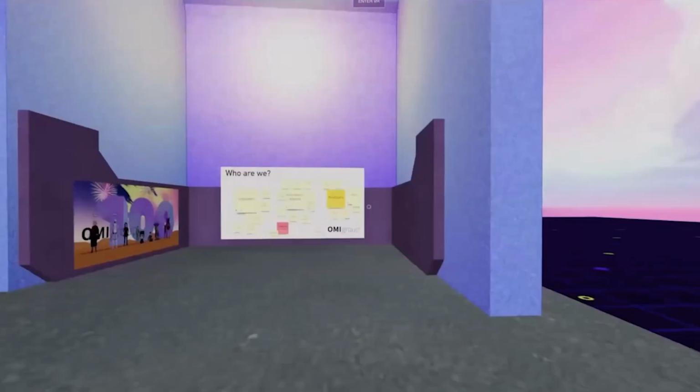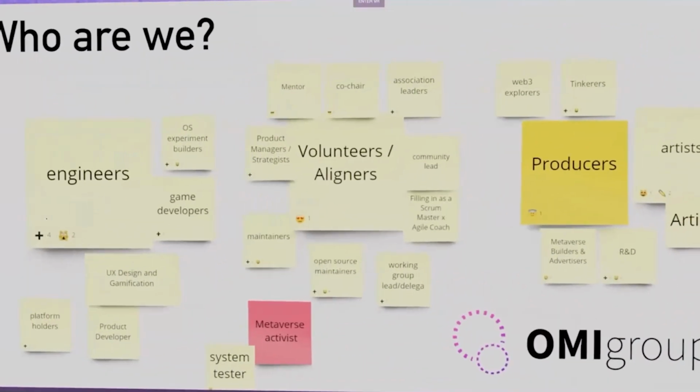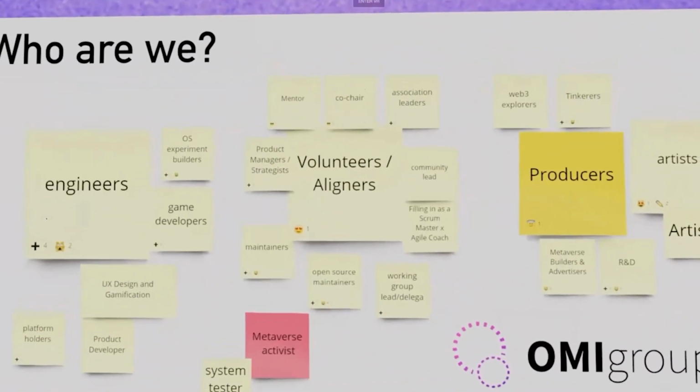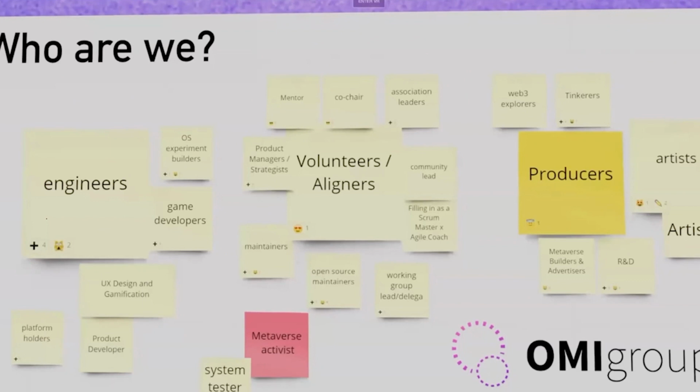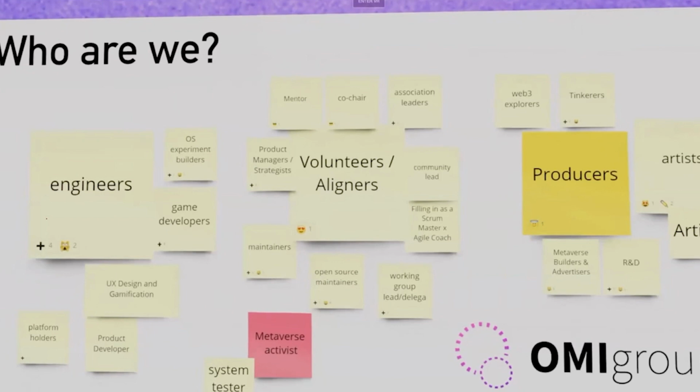The first thing I want to show off is a little bit of who we are. As I mentioned, we're not just made up of corporations or businesses. There are folks that are individually contributing, and everyone has their superpower in the group. We have engineers, we have volunteers that are focused on product management and mentoring, and folks that have a lot of history in the metaverse and bring a lot of important perspective.